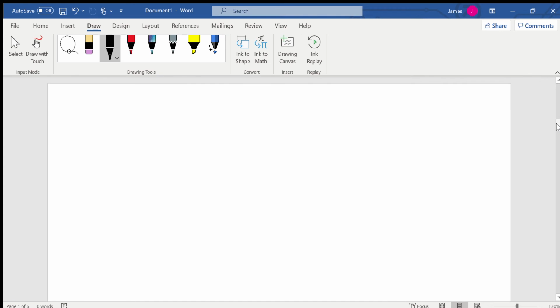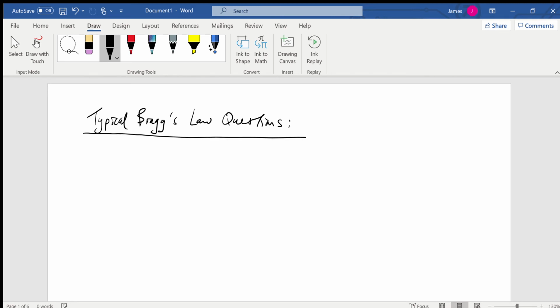So let's have a look at a Bragg's law question. I'm going to call this a typical Bragg's law question. Probably more than one. Okay, so question 1.